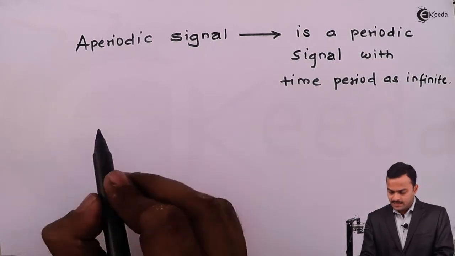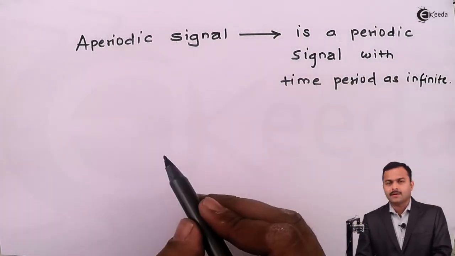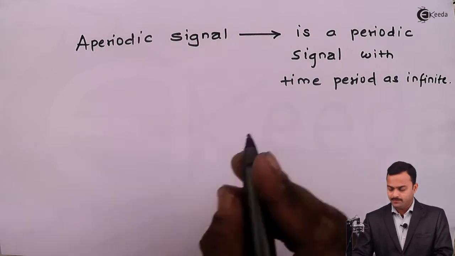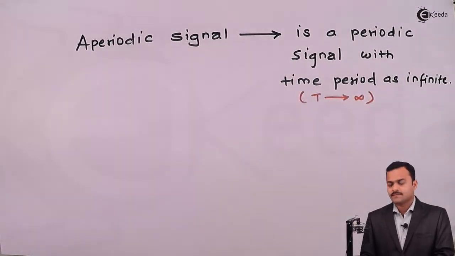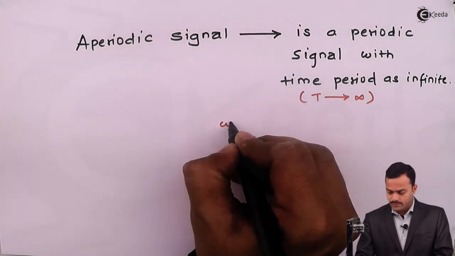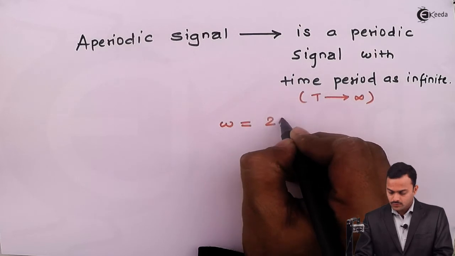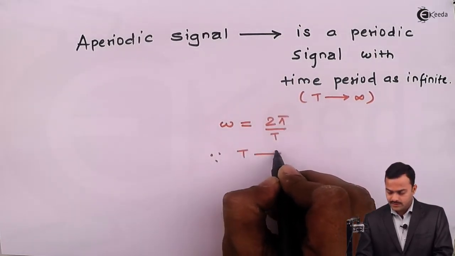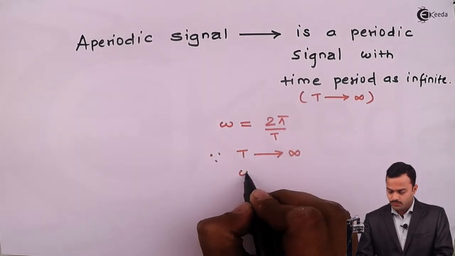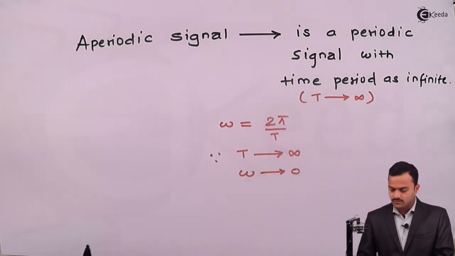Meaning I can say an aperiodic signal is like a periodic signal provided the time period tends to infinity. If the time period T tends to infinity, with the relationship omega equals 2 pi by T, obviously omega tends to 0.